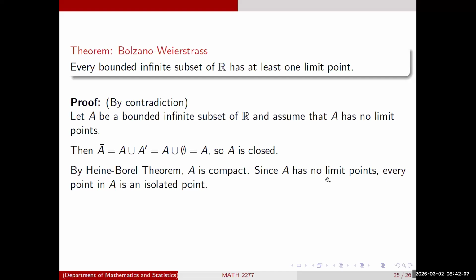An isolated point is like the negation of a limit point. This point is all by himself. An isolated point of A is a point belonging to A such that you could put a neighborhood around it that has no other points of A.